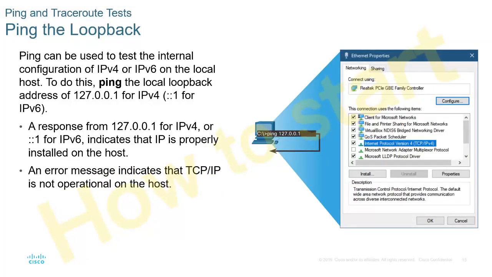So from a PC, we can test our local connectivity by pinging the loopback address of our host. That is 127.0.0.1. If we're using IPv6, it's ::1. Basically that says, look at me and make sure the network stack for my local device is functioning.